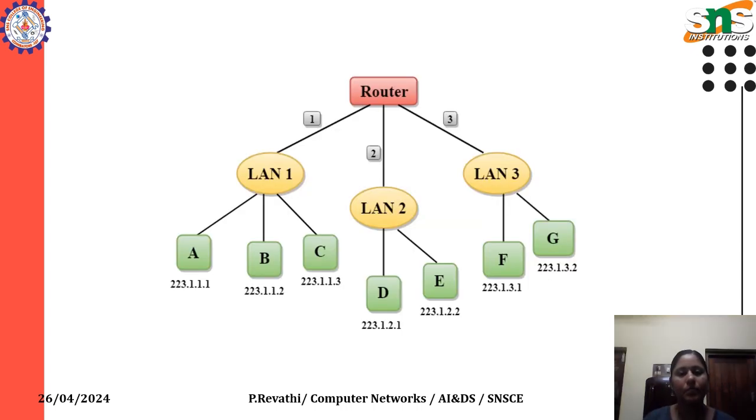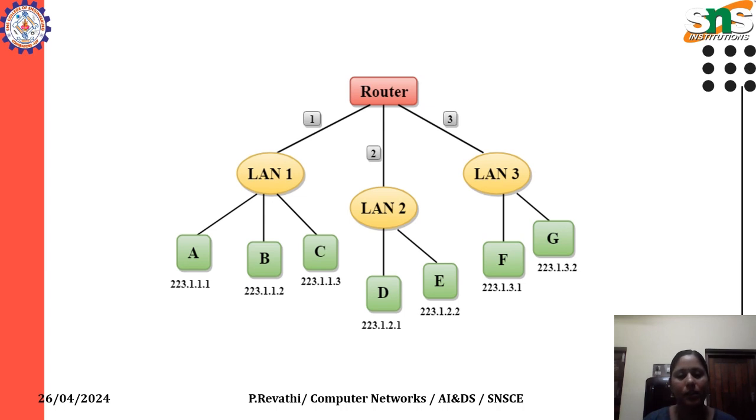In this diagram, a router has three interfaces labeled as LAN 1, LAN 2, LAN 3, and each router interface contains its own IP address. Each host contains its own interface and IP address.